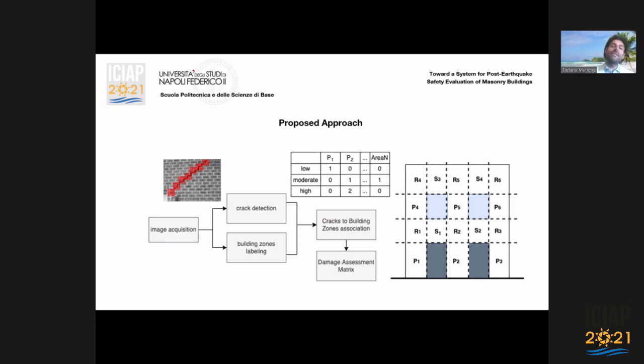Detecting the portion of the building is extremely important because, as you can imagine, based on where the crack is located on a building, the consequences may be more or less severe. The result of the two components is then synthesized in the matrix of the damages, the one at the top of the slide. This matrix provides information on the amount, intensity, and the location of the damage.